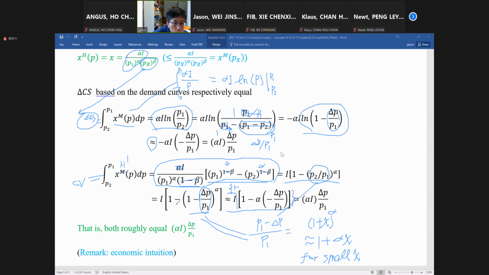So let me see here, this one equal to 1 times alpha and the small change in x. Okay, so this is this term. And then 1 minus this one.